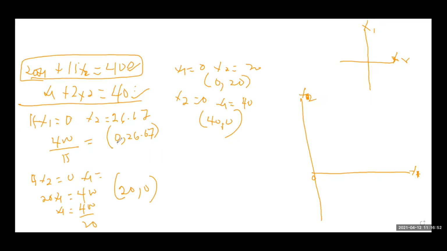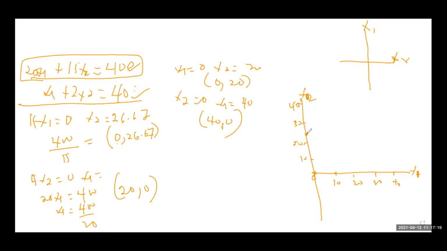When x1 is 0, let me say this is 10, 20, 30, and 40. Same 10, 20, 30, and 40. So if x1 is 0, means that I'm here. x2 is 26.67. Let's say that is somewhere here. Okay, so this is the point of intersection.